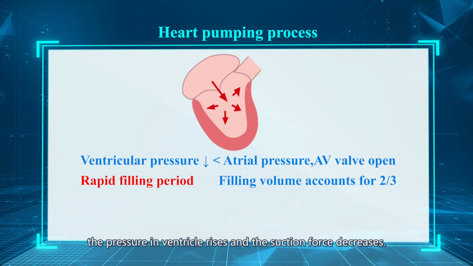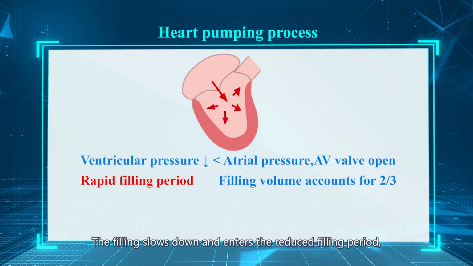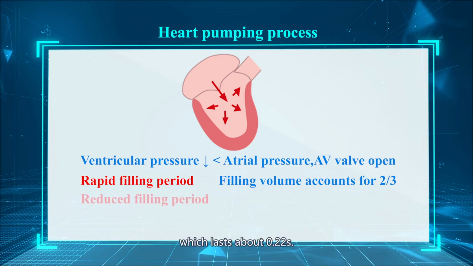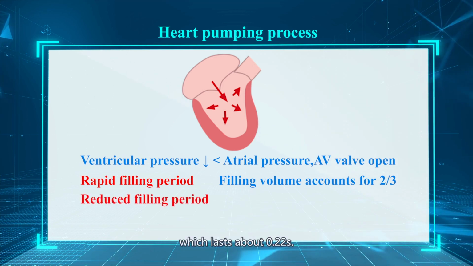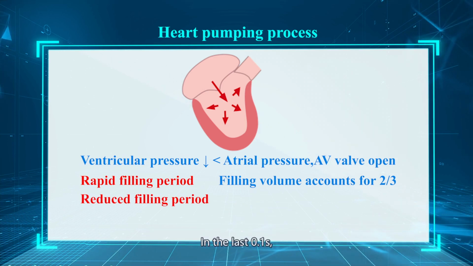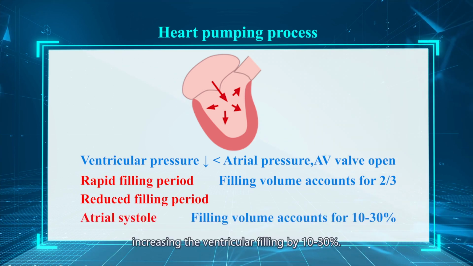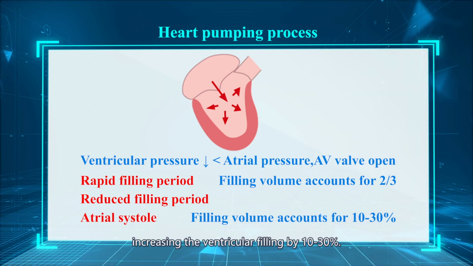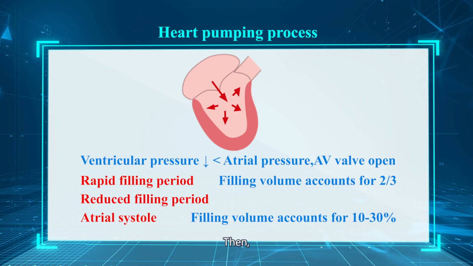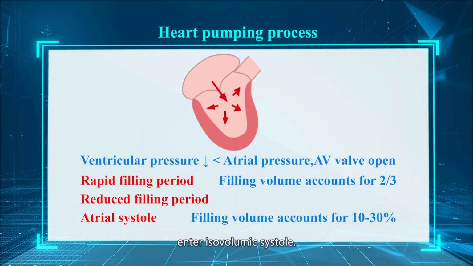With the filling, the pressure in ventricle rises, and the suction force decreases. The filling slows down and enters the reduced filling period, which lasts about 0.22 seconds. In the last 0.1 second, the atrium contracts, increasing the ventricular filling by 10 to 30%. Then, ventricles begin to contract again, enters isovolumic systole.